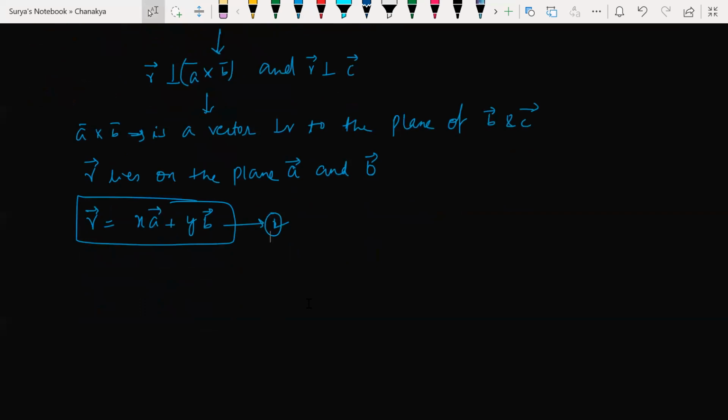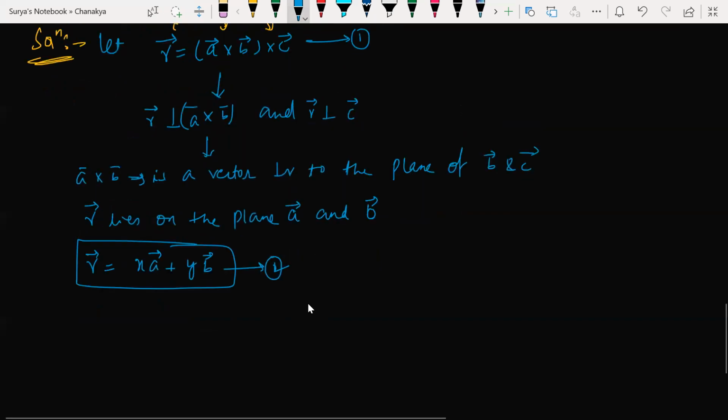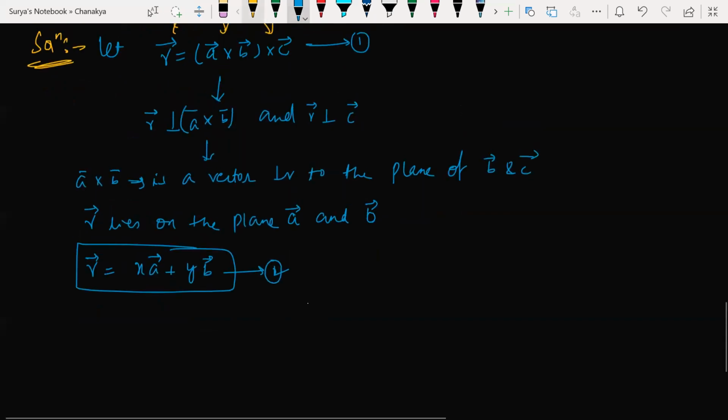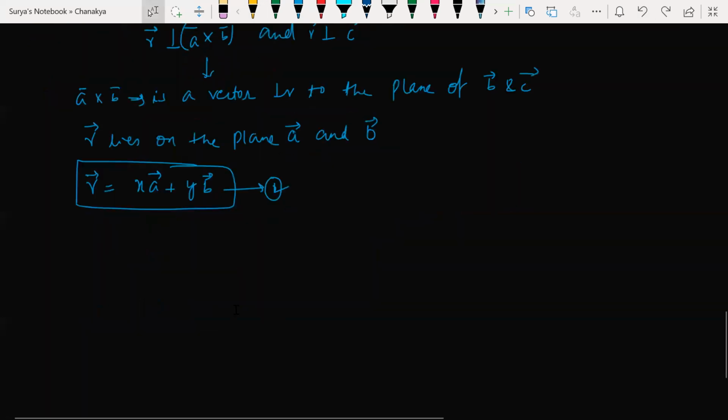Now we were talking about A cross B, right? Now let's talk about R being perpendicular to C. When two vectors are perpendicular to each other, what is the dot product?